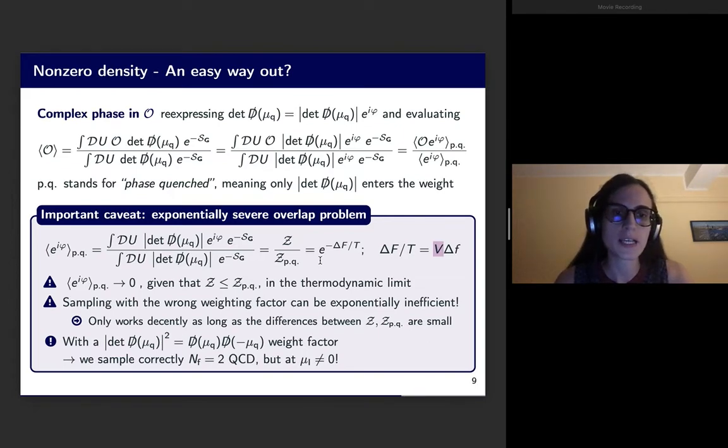One last remark is that by using the square modulus of the determinant as a weight and neglecting the corresponding phase or imaginary part of the individual flavors, we are doing nothing but weighting with the product of the corresponding D slash evaluated at mu q with different signs. So this is precisely the weight factor through which we sample correctly an f equal to QCD, but at mu I different from 0. And this is the phase quenched sampling.